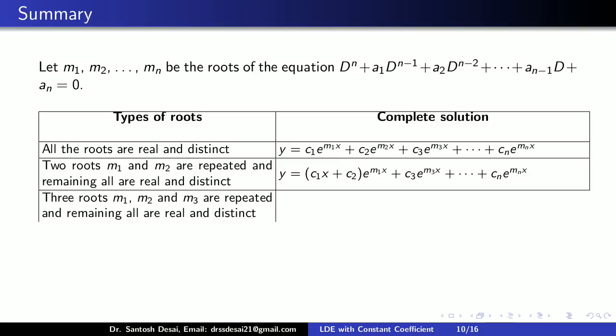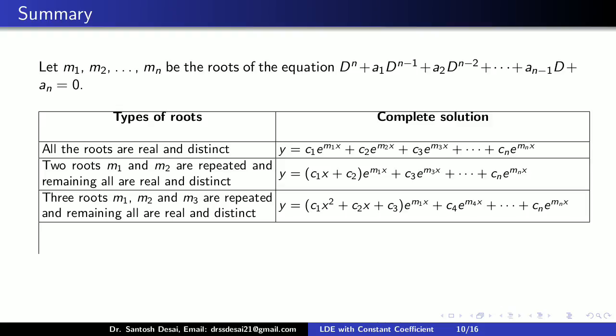Next, if three roots are repeated and the remaining are all real and distinct, then CF can be given by C1x square plus C2x plus C3 e raised to m1x plus C4 e raised to m4x plus and so on Cn e raised to mnx.